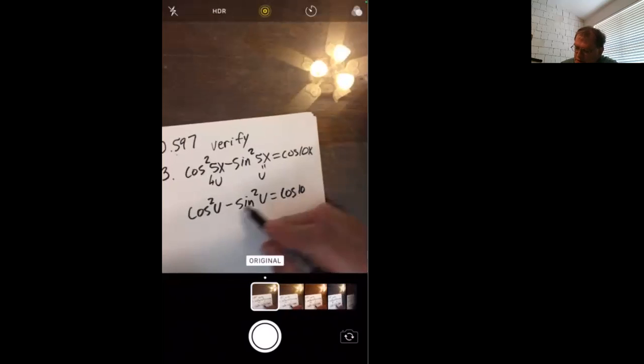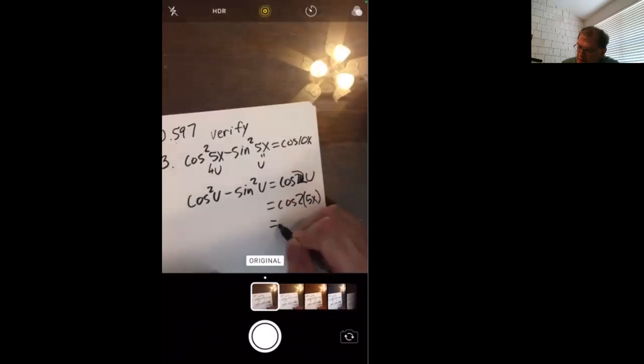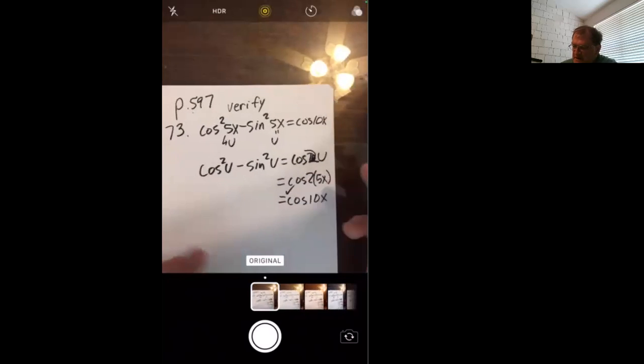Following u, it would be cosine of 2u. So that would be cosine of 2 times 5x, and there is your cosine of 10x. It's almost so easy, it's hard.